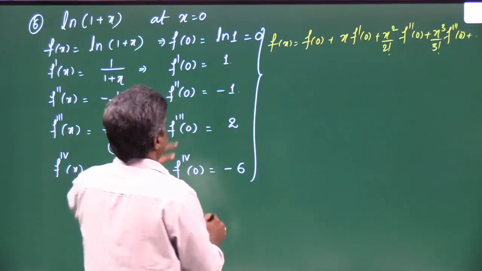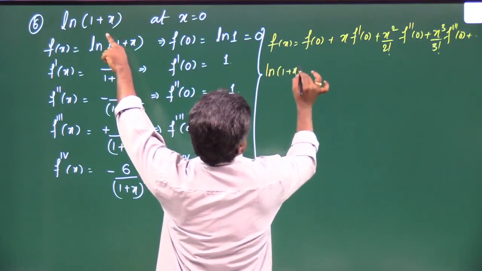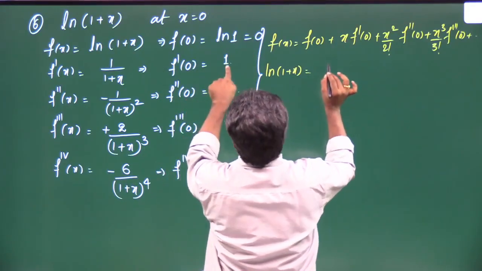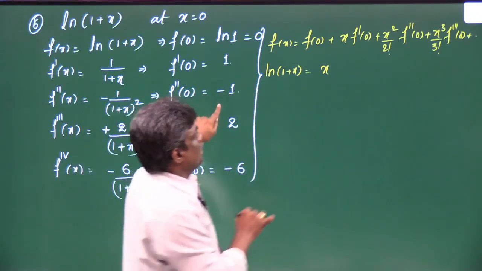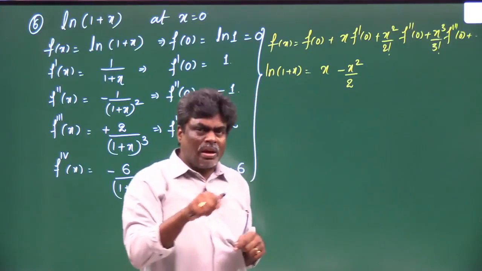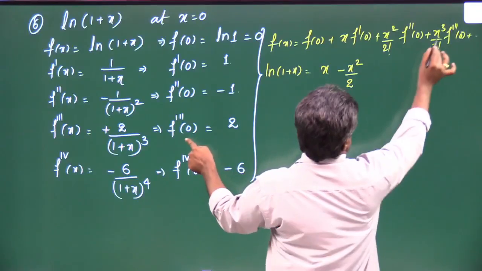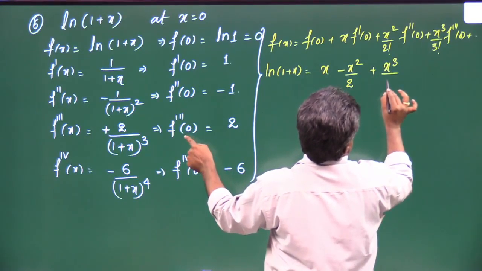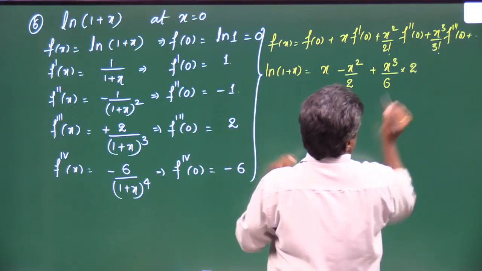Now just substitute. So here your f of x is log of 1 plus x equal to f of 0, it's 0, and here f dash of 0 is 1, that's why x. Carefully observe, f double dash of 0 is minus 1, that's why minus x square by 2, 2 factorial is nothing but 2. The next is x cube by 3 factorial, 3 factorial means 6, into the third derivative, which is 2.